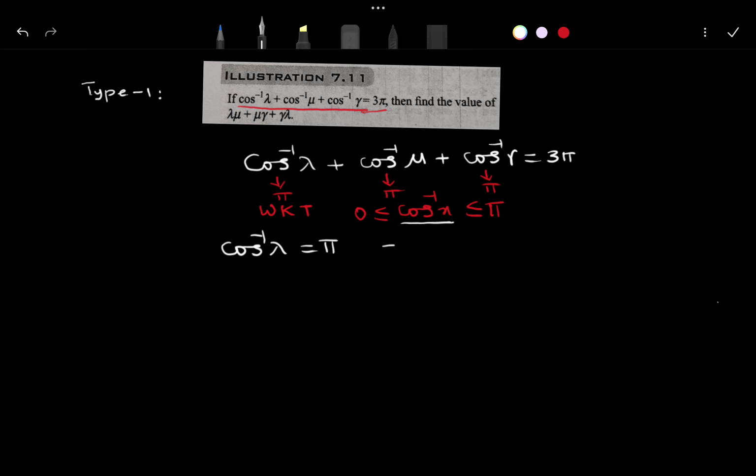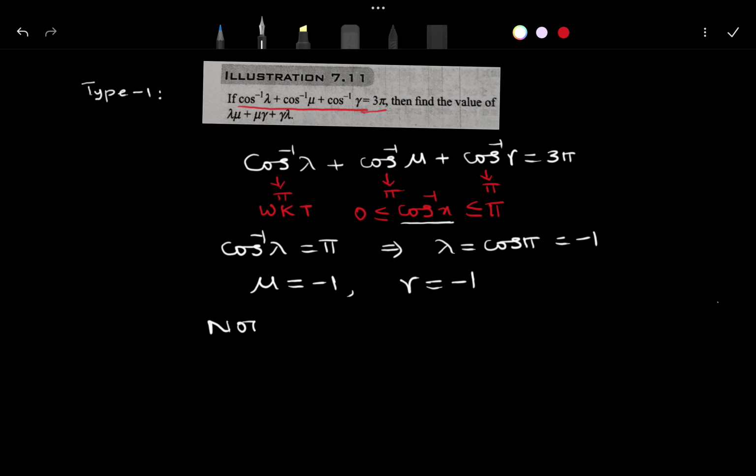So here cos inverse lambda is equal to pi means lambda is equal to cos pi, and this value is minus 1. Similarly, from cos inverse mu equal to pi, mu is equal to minus 1, and cos inverse gamma equal to pi, so gamma is also minus 1.